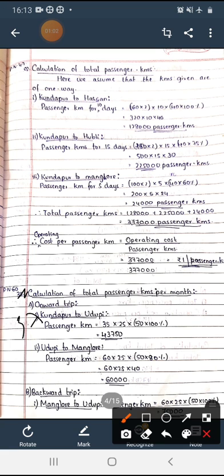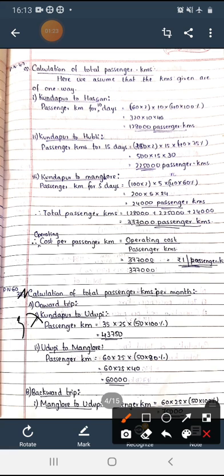The cost of the bus, estimated scrap value, and estimated life: these three things are to calculate the depreciation. Then annual road tax, insurance charges, garage rent per year, driver salary, conductor salary, cleaner salary, cost of diesel, kilometers run per liter of diesel, and proportionate charges of the tire per kilometer.